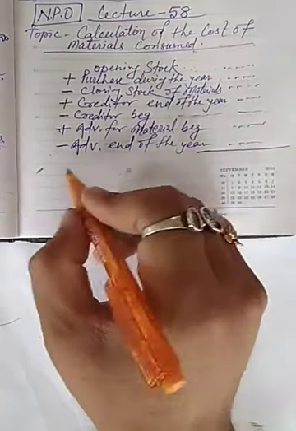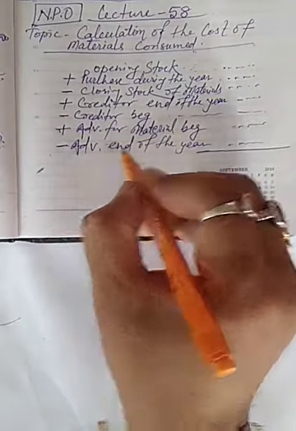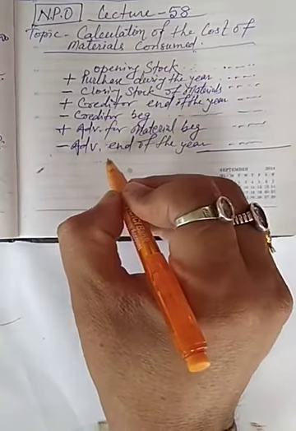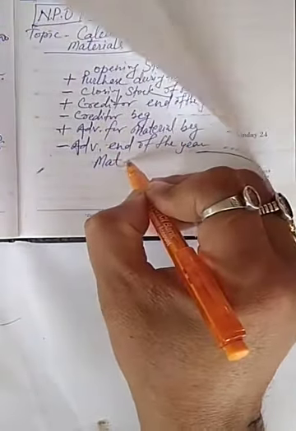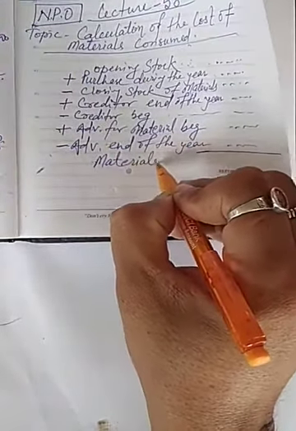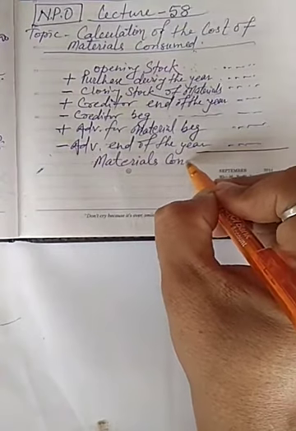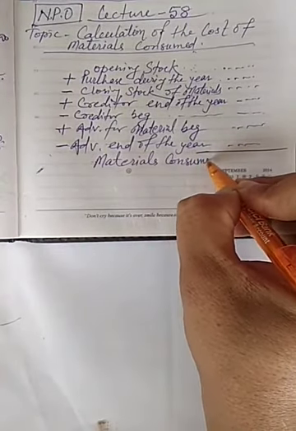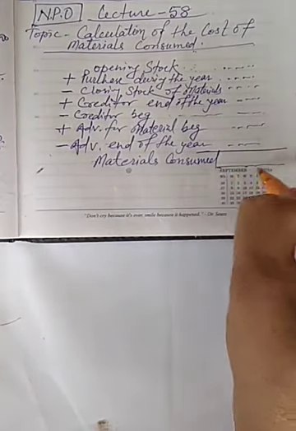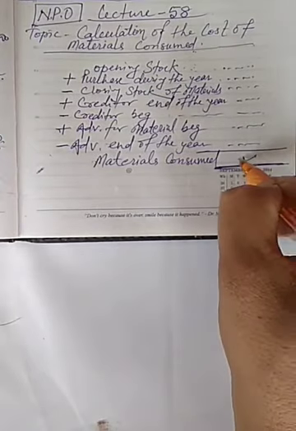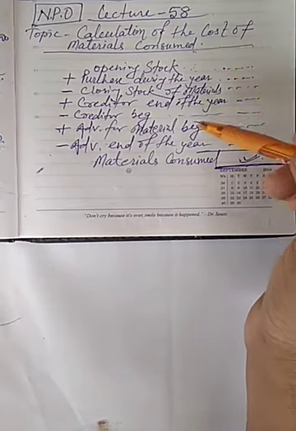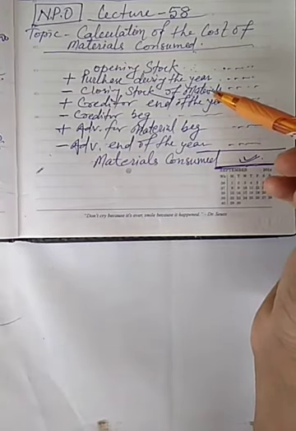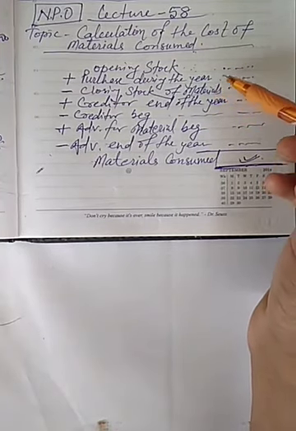After it, we will calculate, and it will be materials consumed during the year. So we can say this is the format of calculation of material consumed.